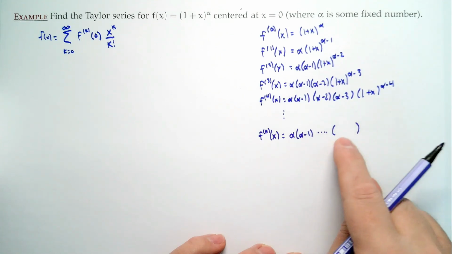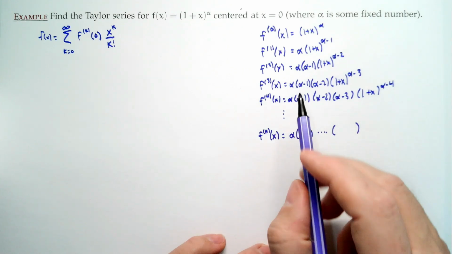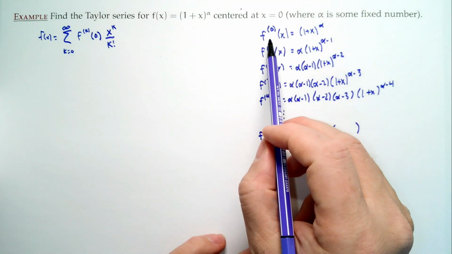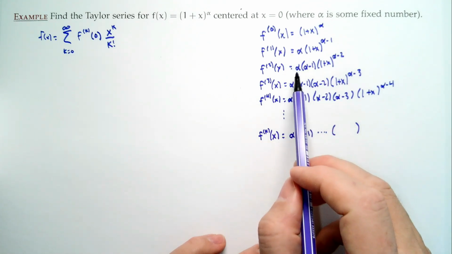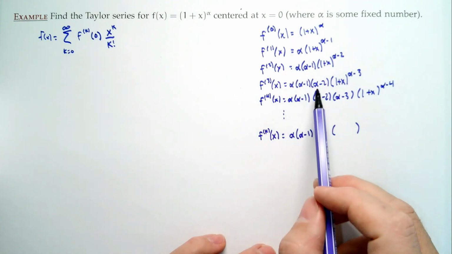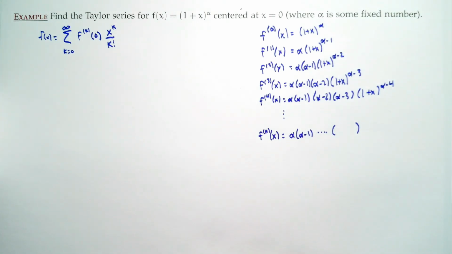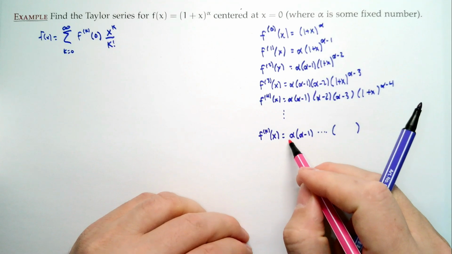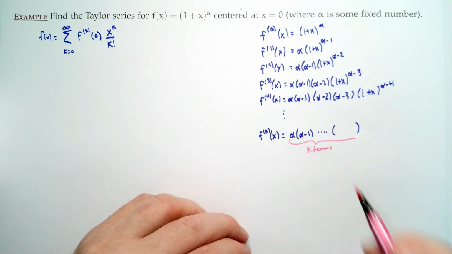Let's be careful and figure this out, because we want to make sure we get this one right. When we had the zeroth derivative, there were no terms in front. First derivative, there was 1. Second, 2. Third derivative, 3. And so forth. So in the grand total, there should be k terms out here in the front.